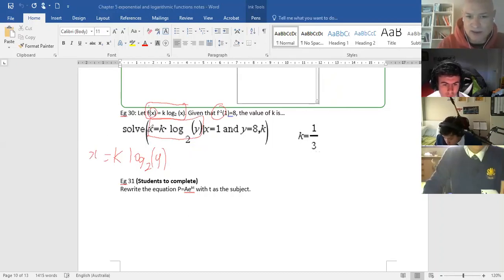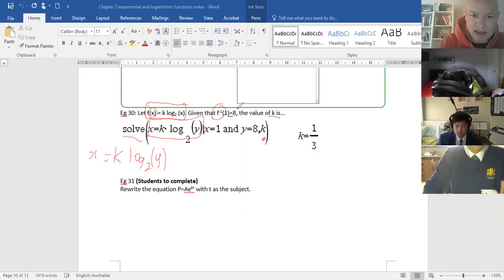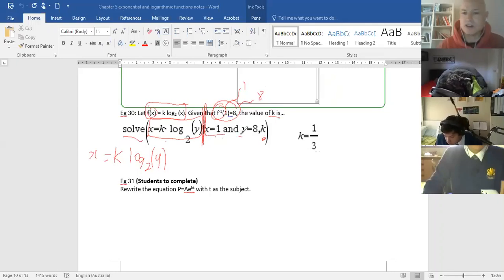Rearranged will be y as the subject. But I don't have to rearrange it. And then they want us to find k, so I'm solving for k. And they tell us that the inverse at x equals 1 has a value of y equal to 8. And that's what I'm doing, given x equals 1 and y equals 8. So I found k. Any questions?